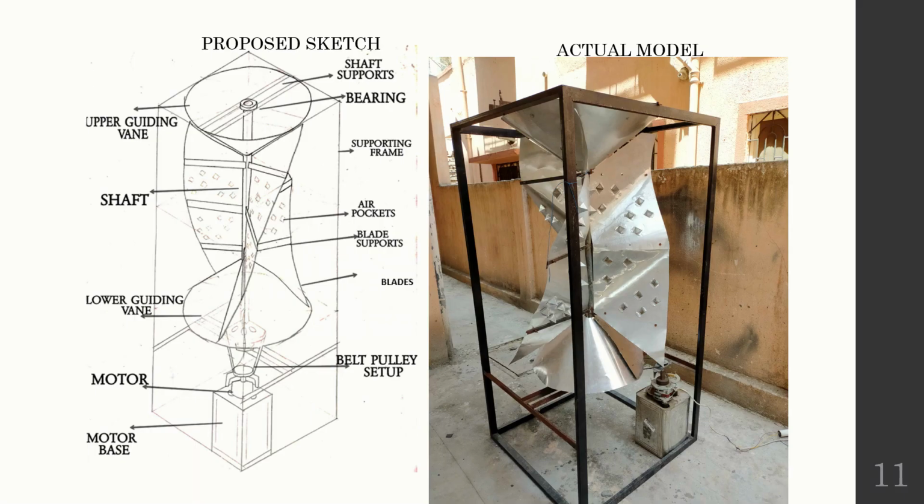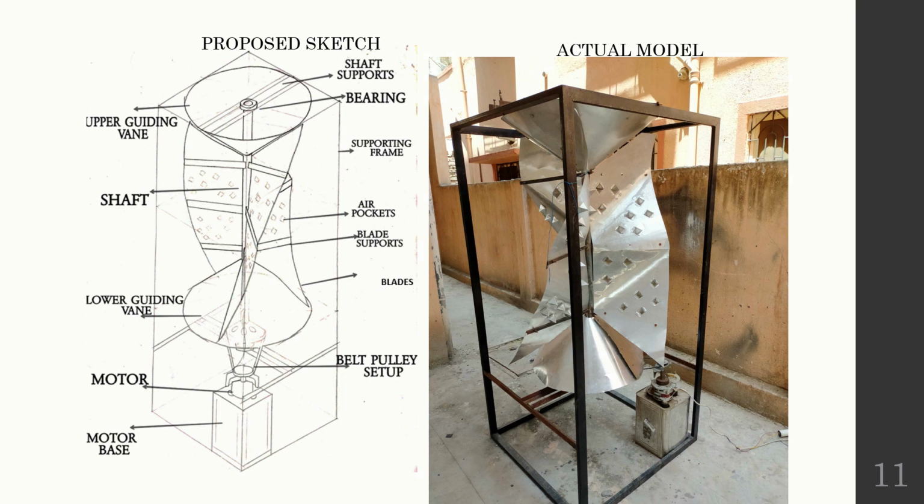This is the proposed sketch and the actual model. The shaft with the bearings is supported on the frame by means of supporters present at both ends, whereas the blades and the guiding vanes are supported on the shaft. Due to wind flow, the blades start rotating according to the direction of the wind.